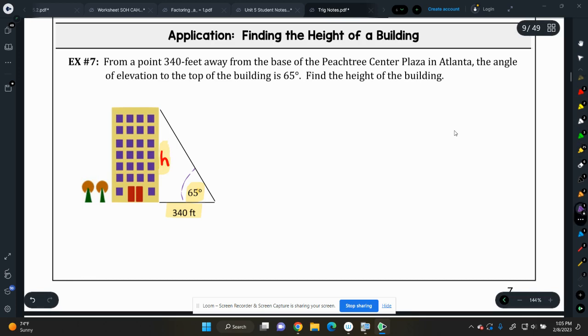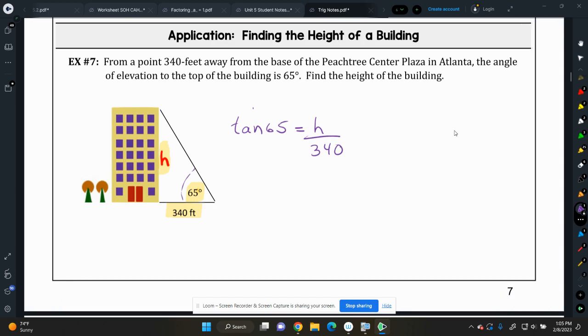So which trig function am I using? Oh, I'm sorry, it's the opposite. I saw the H. So which trig function will I use? Opposite and adjacent: tangent. So tangent of 65 equals the opposite, which is h, over the adjacent, which is 340.